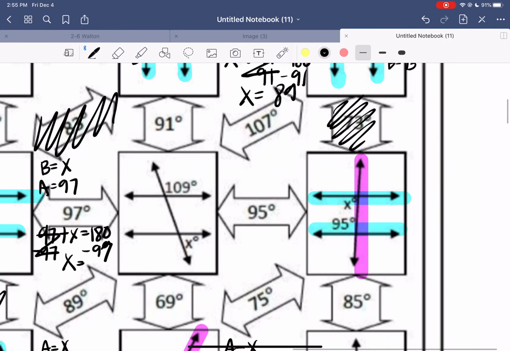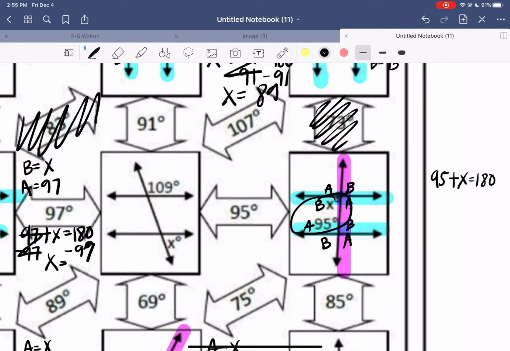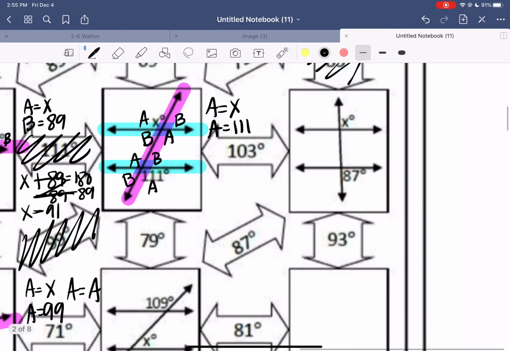Two parallel lines cut by a transversal, and then we can fill in AB, AB, AB, AB. So we obviously see that these two are not both A's or both B's, so we're going to do X. So A is 95 plus X equals 180. Subtract 95, and we get X equals 85.